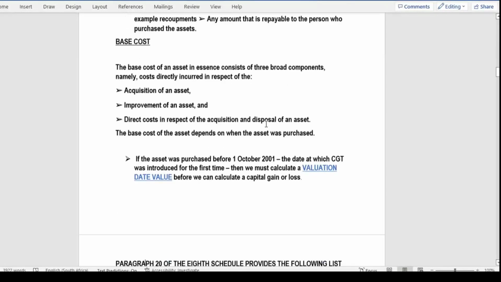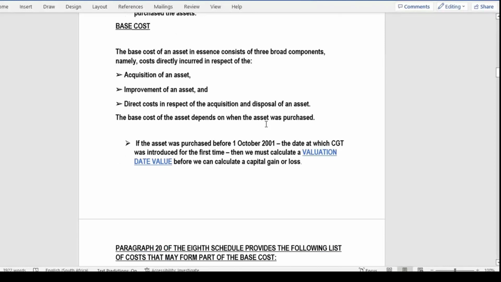Second line item, base cost. The base cost of an asset in essence consists of three broader components, namely the cost directly incurred in respect of the acquisition of an asset, how you acquired or purchased your asset, the improvements that have been made on an asset, or the direct cost in respect of an acquisition and the disposal of an asset rather.